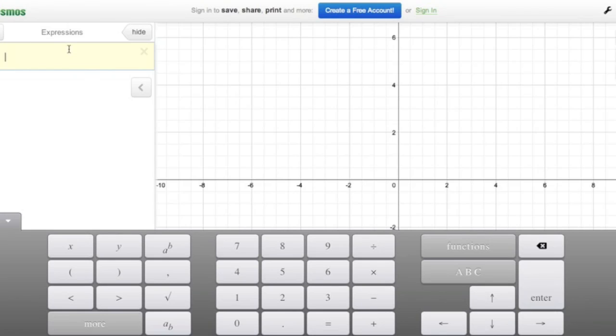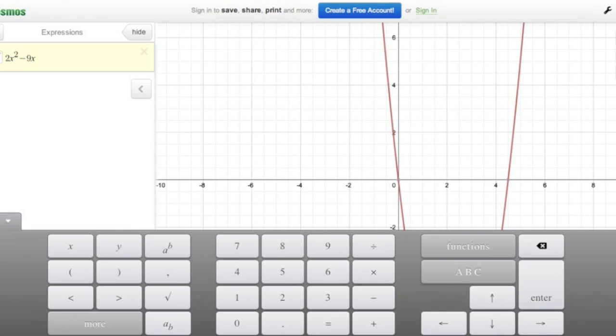So here I am. I'm going to type the equation, 2x. As you can see, as you start typing in, it's going to start graphing over here. Squared, so you click that button, and then squared. And then minus 9x, and I'm gonna just type this by hand.